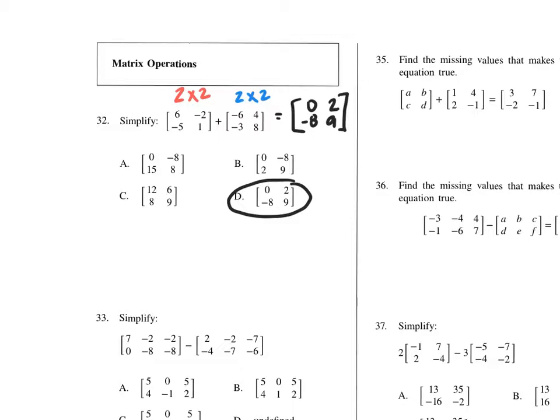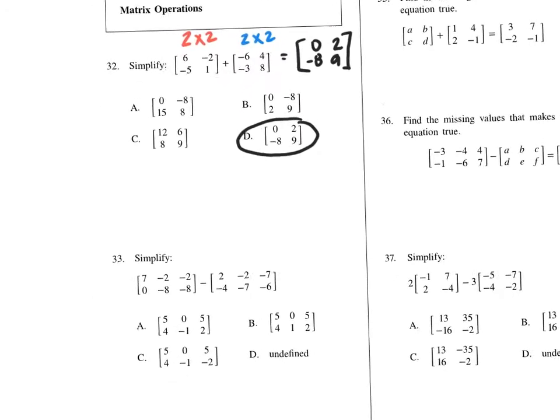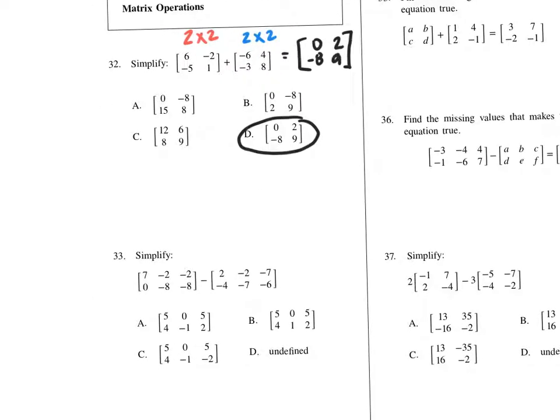When we subtract, one of the easier things to do is to take the second matrix that we're subtracting and flip all the signs, and then we can just add it again. So first, I'm going to verify that I can add these two. This is 2 rows by 3 columns and 2 rows by 3 columns, so we can add them. On the second one, I'm going to flip all the signs and make it the negative matrix.